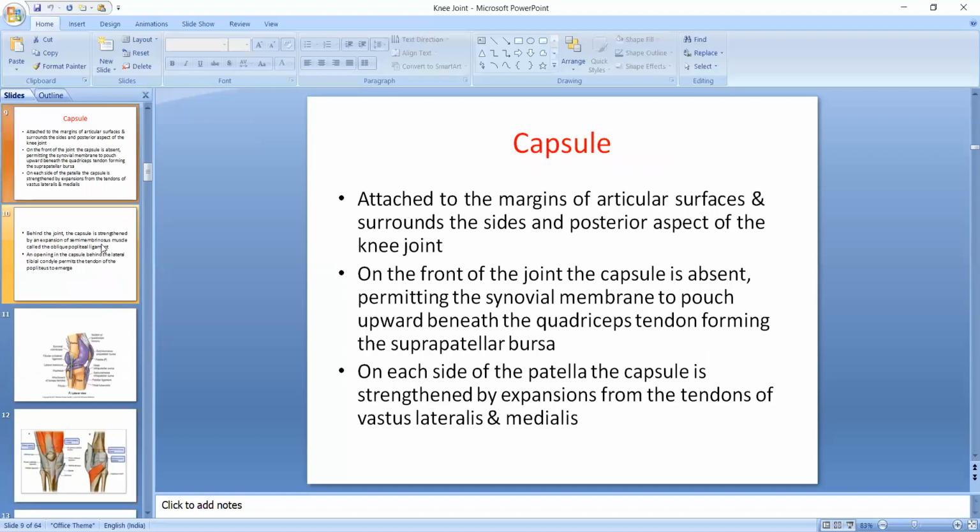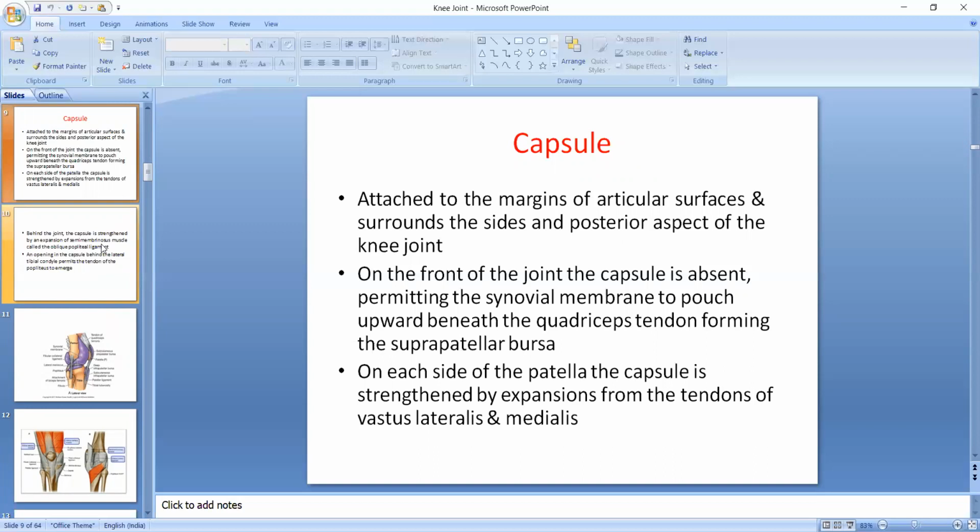The capsule is attached to the margins of the articular surface and surrounds the sides and posterior aspects of the knee joint. On the front of the joint, the capsule is absent, permitting the synovial membrane to pouch upwards beneath the quadriceps tendon, forming the suprapatellar bursa.